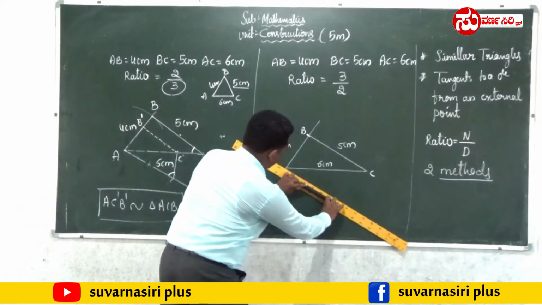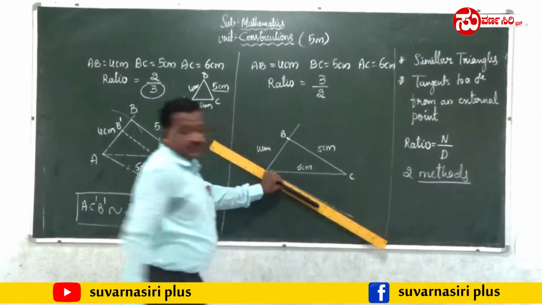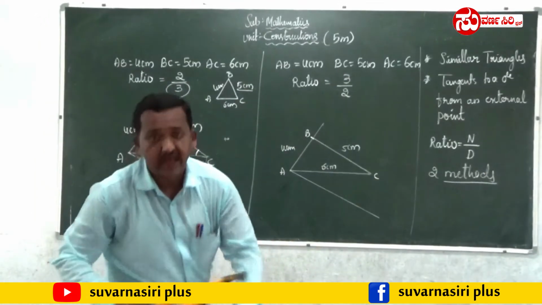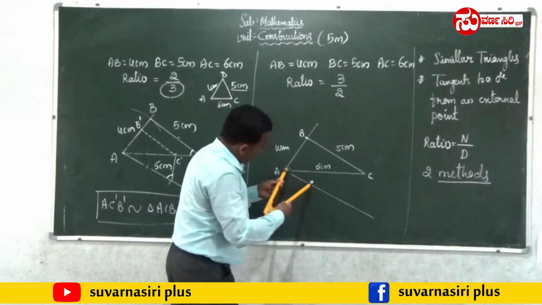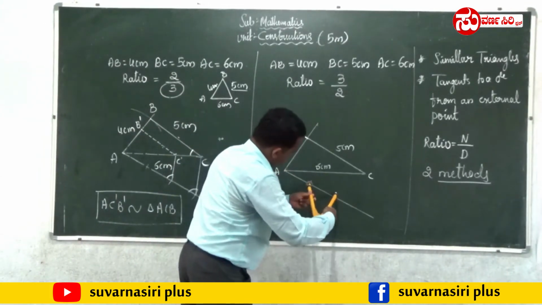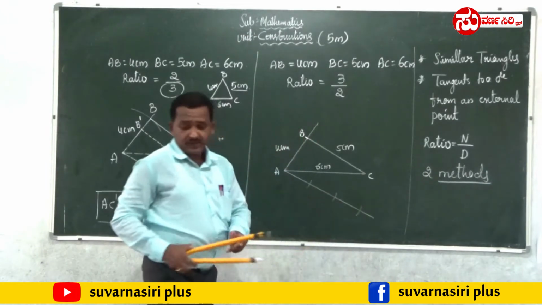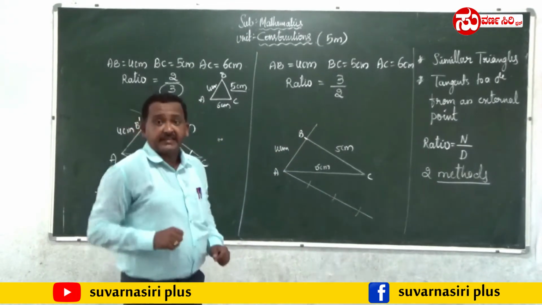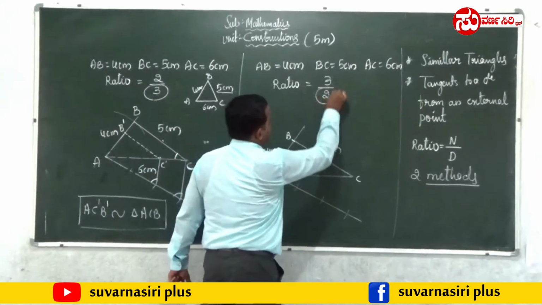Draw one line which makes an acute angle. Then take a compass with some equal standard length and mark arcs: 1, 2, then 3.